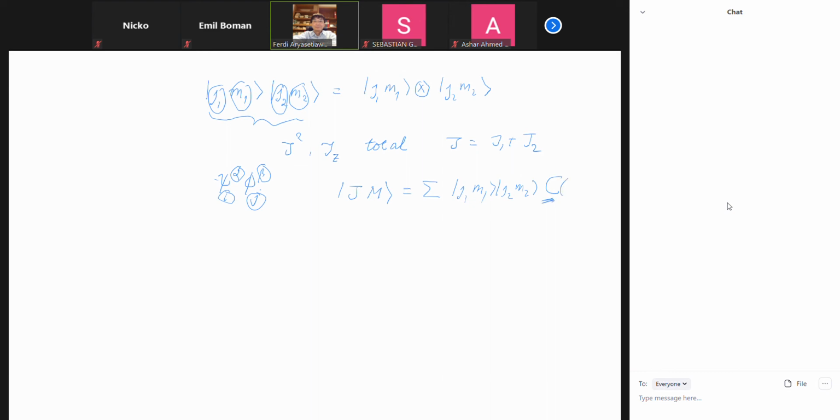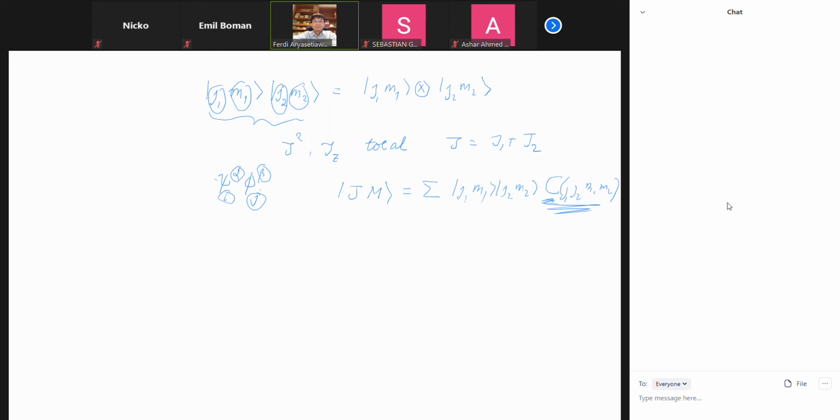So this is a function of J1, J2, M1, M2 in general. This is exactly the same Clebsch-Gordan coefficients that we have here. So it's just a matrix that rotates the bases such that the resulting new basis functions transform according to the irreducible representations of the group.